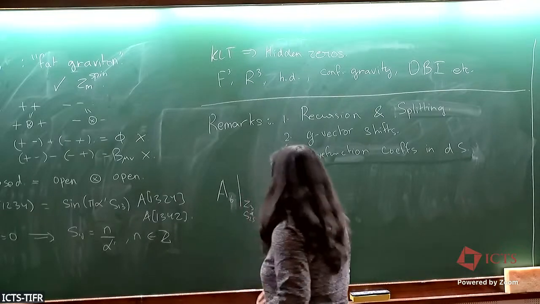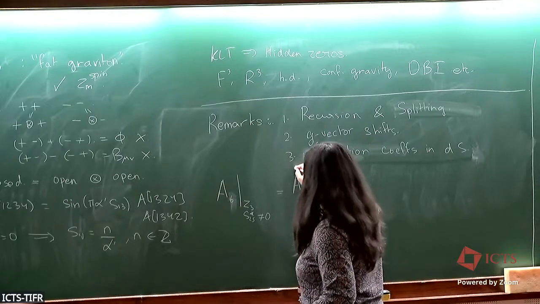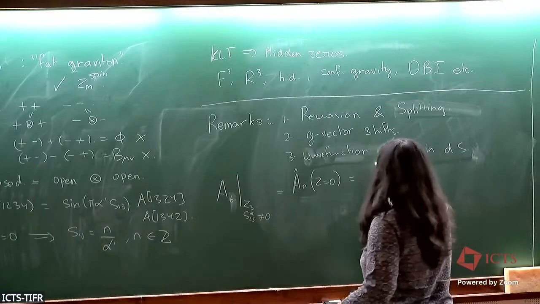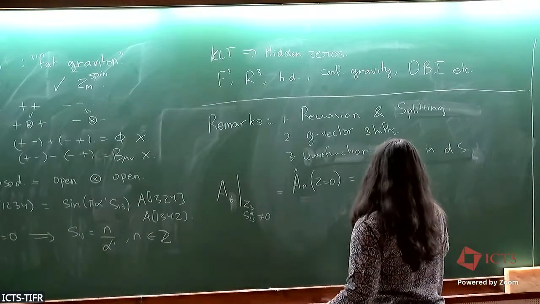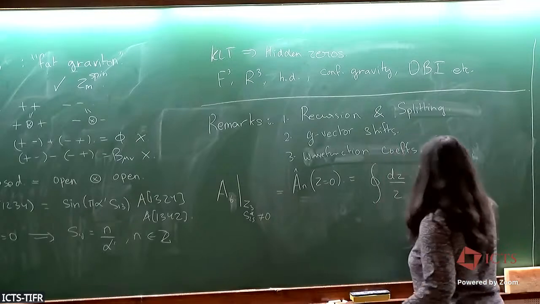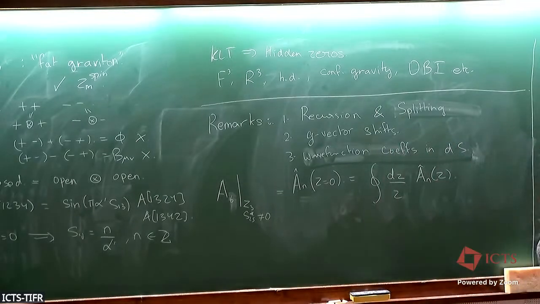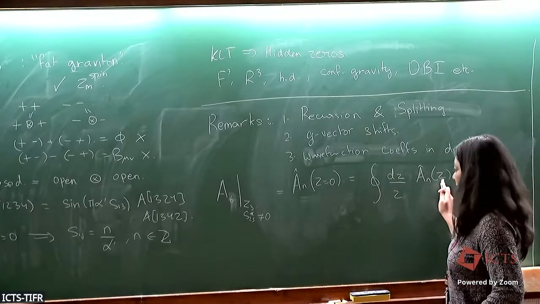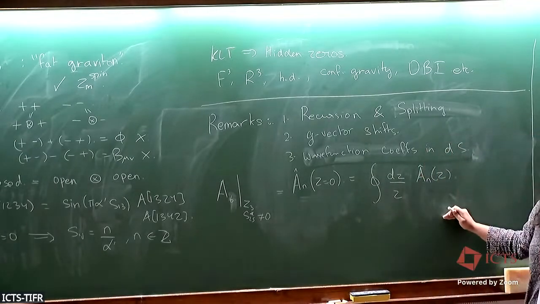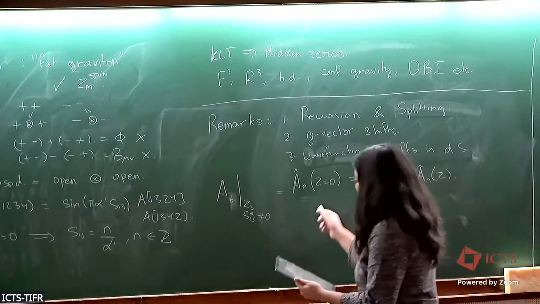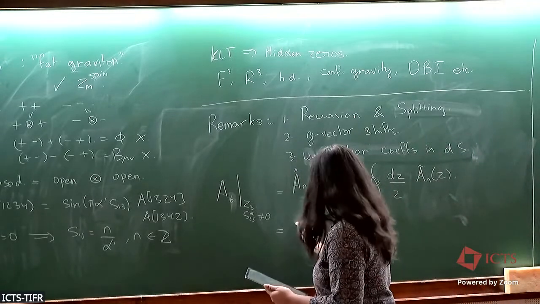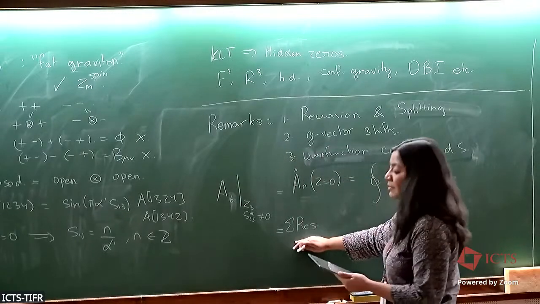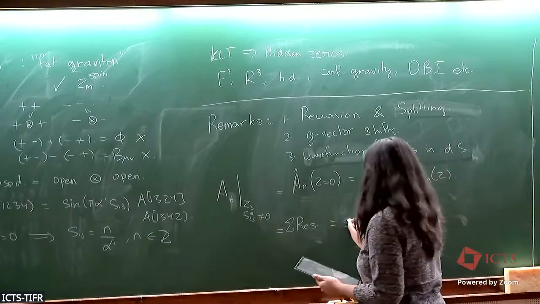You would like that to be some shifted amplitude, but evaluated at 0, right? So that you can write this as a contour integral like this, right? I've not told you what Z is, but the point is you want to design a shift Z so that this is true, right? And then eventually you would like this to be a sum over residues. And that sum over residues should be exactly the splitting rule.